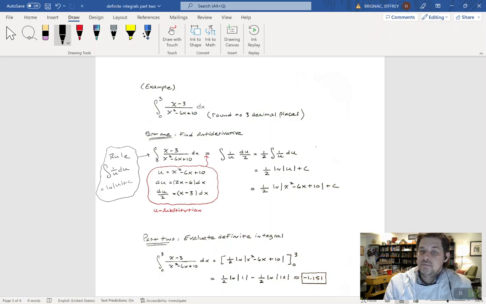We want to change the problem from being in the variable x to being in the variable u so that this rule works. But the top says x minus 3 dx, not 2x minus 6 dx. So they don't match, and if they don't match, I can't substitute them.